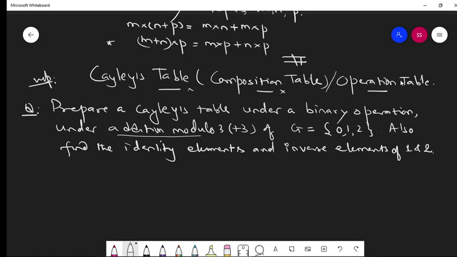Suppose this question is given to us. From this question itself we will learn about Cayley's table, or composition table, or operation table, and how to build it. We will solve this.